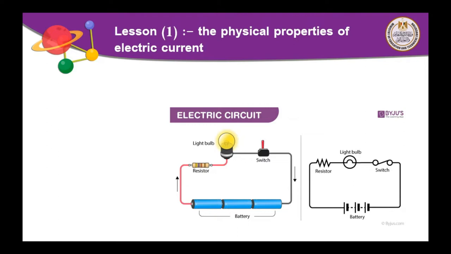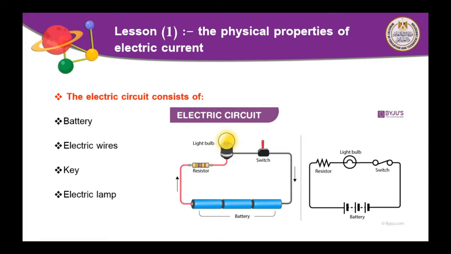Second, we will talk about electric circuit. What are the components of electric circuit? The electric circuit in front of you consists of 4 components. Where is the battery in this figure? That is the battery.